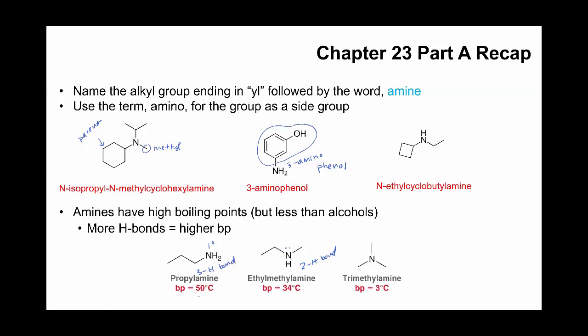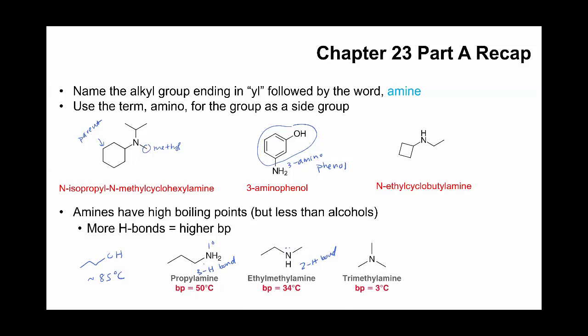So we have a boiling point of 50 degrees. And the tertiary amines, which don't have any hydrogen bonding capabilities, that one has a very low boiling point. But if you compared it to propanol, I think this boiling point is maybe around 85, something like that.